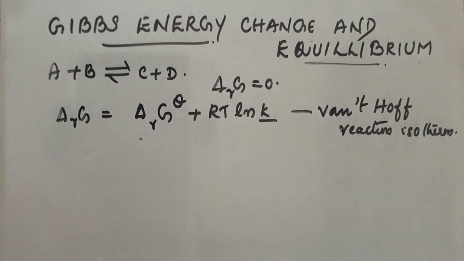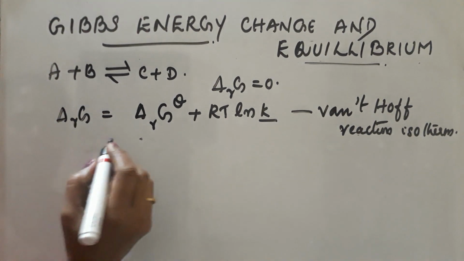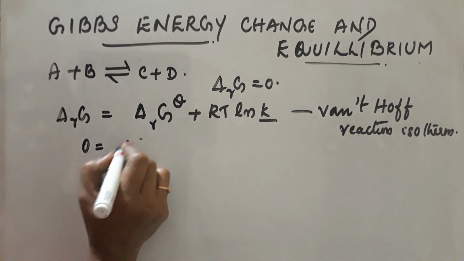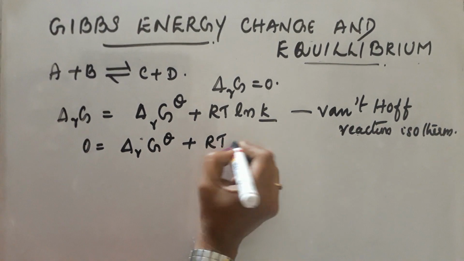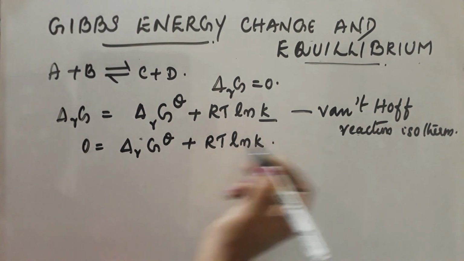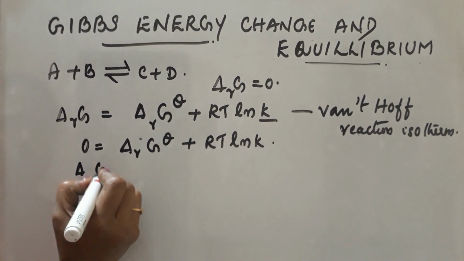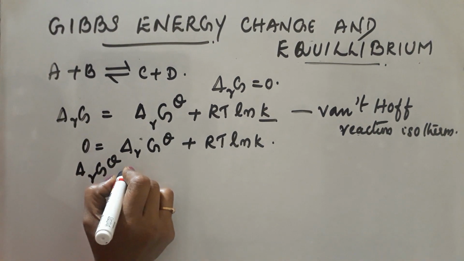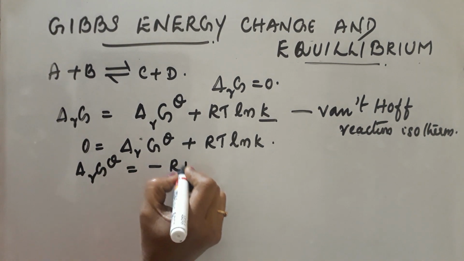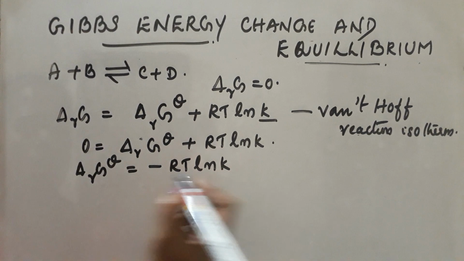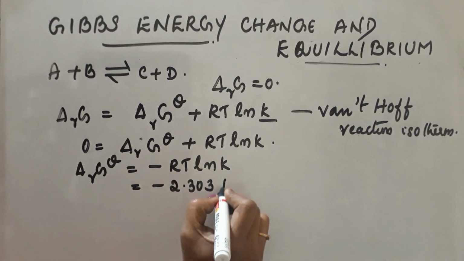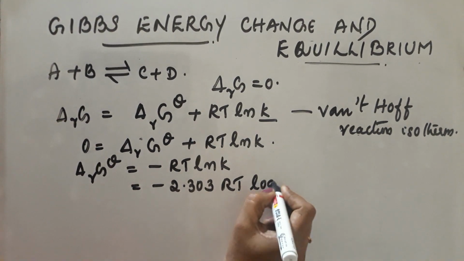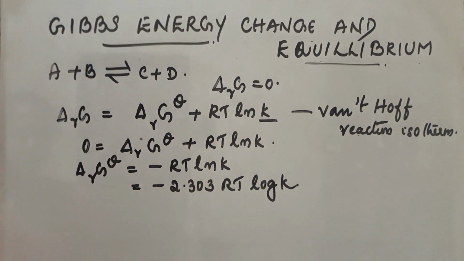Now we know at equilibrium this is equal to 0, so 0 equals delta G standard plus RT ln K. Or we can write delta G of R at standard state will be equal to minus RT ln K, or this is equal to minus 2.303 RT log K. This is the equation.